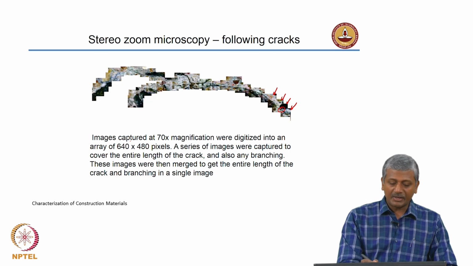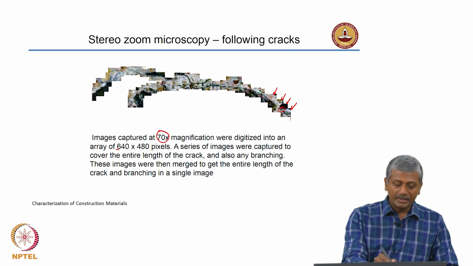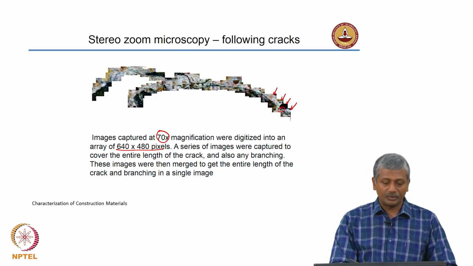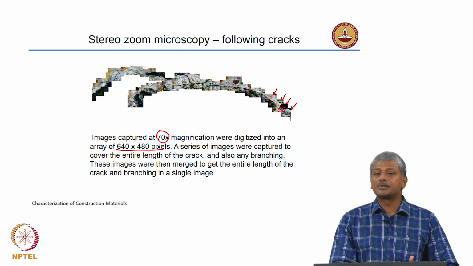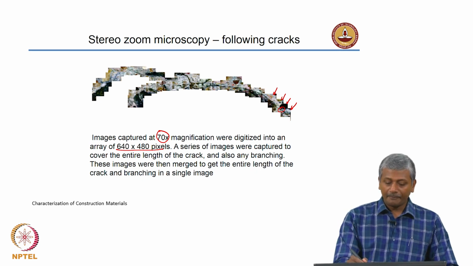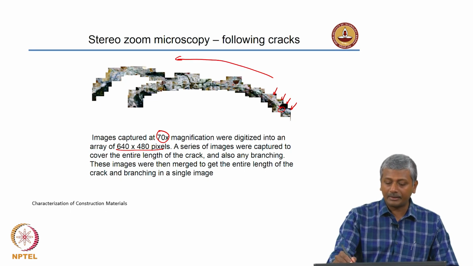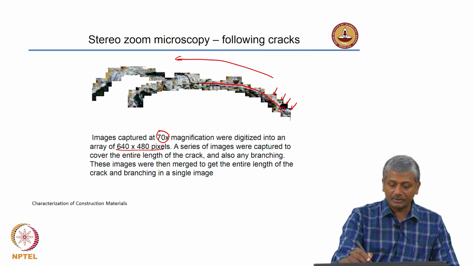So, images were captured at 70x magnification and were digitized into an array of 640 by 480 pixels. Okay, this is not a very high resolution image. Again, this series of images was captured to track how the crack is actually growing. You can see if it goes up to here, then it seems to branch off in different directions.